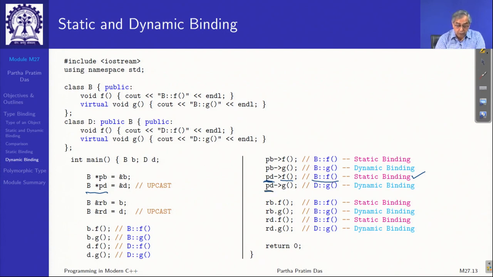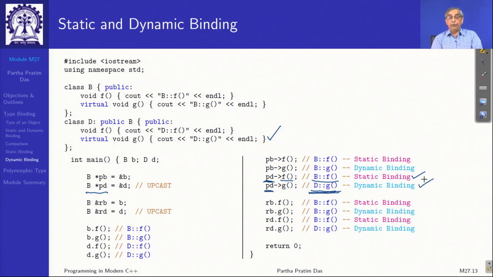But when you call the virtual function through p d, though p d is of type base class, it is actually pointing to a derived class object. So, it resolves at the runtime that it will call the g function in the derived class of which the object is currently there. So, this is the illustration of the dynamic binding.